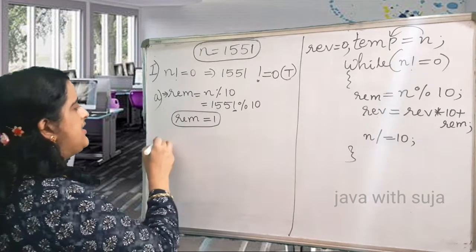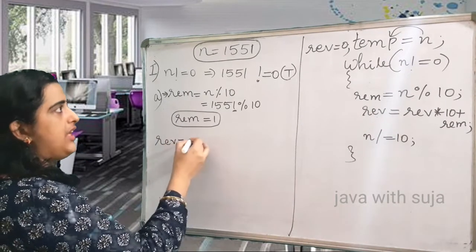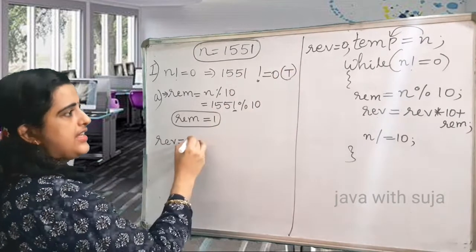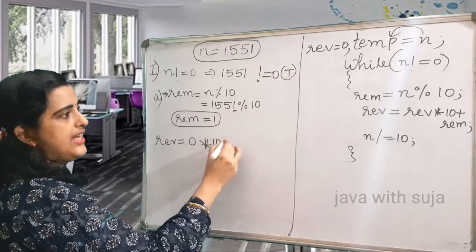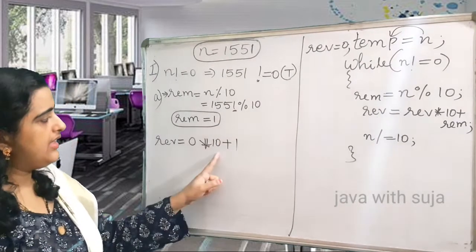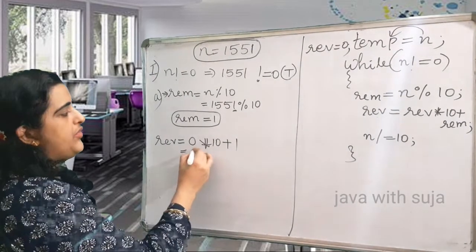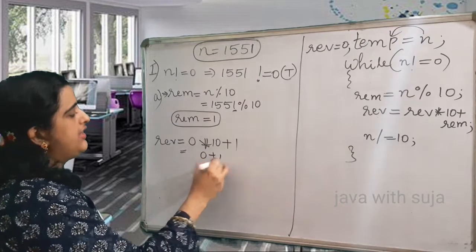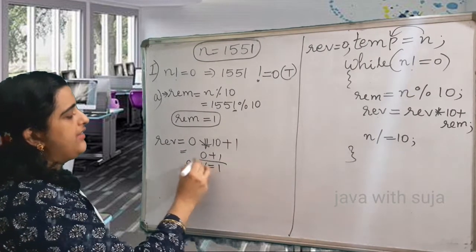Now the second step: the variable rev, which we have already initialized as 0, is multiplied with 10, and the reminder obtained is added to this output. Of course, 0 into 10 will be 0, and you will get the value 1 in the variable rev.